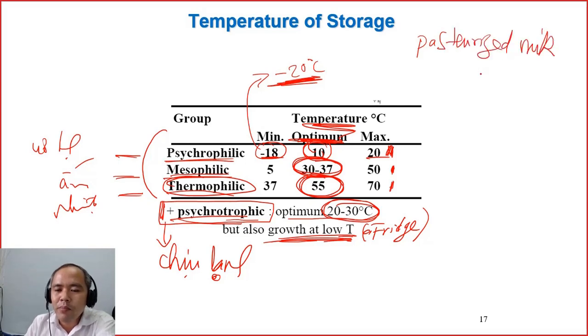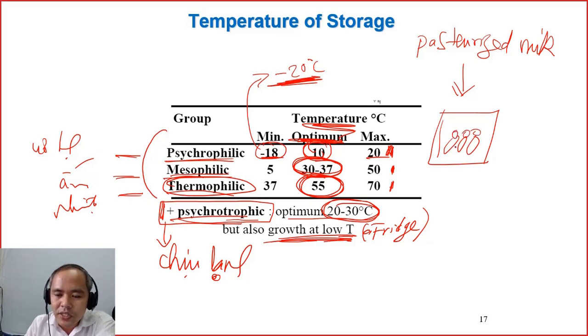For pasteurized milk, for storage or transportation and distribution, we should put it in chilling condition or we put it in a fridge. We should store pasteurized milk in a fridge. And then the question is, which group of microorganisms here is the group responsible for causing the spoilage of pasteurized milk in this case? What do you think?